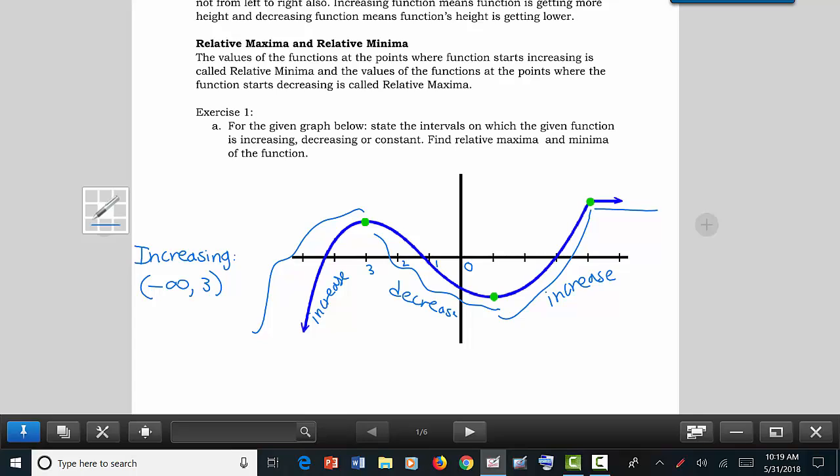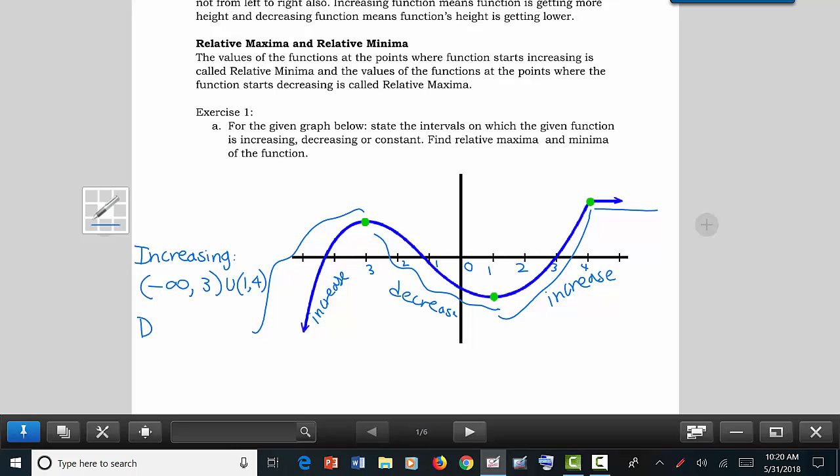Now in between 1 and let's count 1, 2, 3 all the way to 4. So in union, another piece is from 1 to 4, it is also increasing.